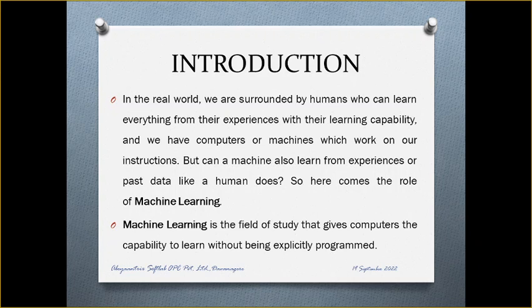As you might have heard, what is machine learning? In the real world we are surrounded by humans, who can learn everything from their experiences, right? With their learning capability, humans tend to learn things. We learn by experiencing situations, events, books, audio, videos, all these things. We learn what a particular object is and how it is identified, and what makes the special features of a table versus a chair.